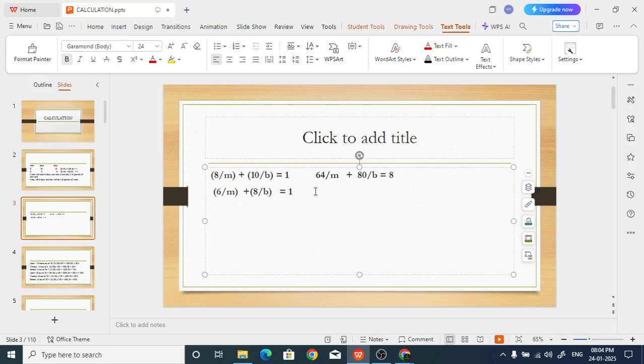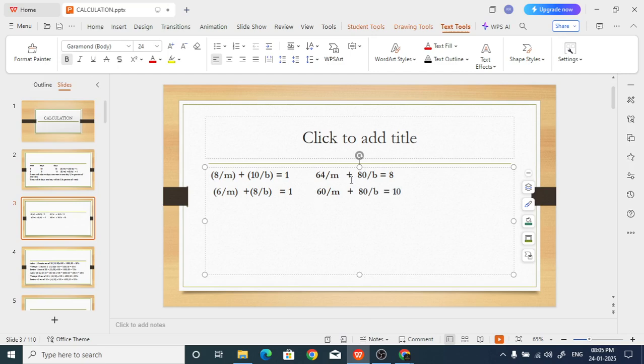Again here, if you multiply by 10, 60 by m, and 80 by b, multiply by 10 means 10 here.